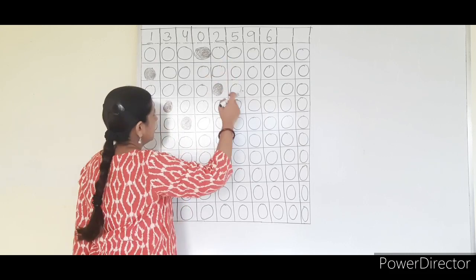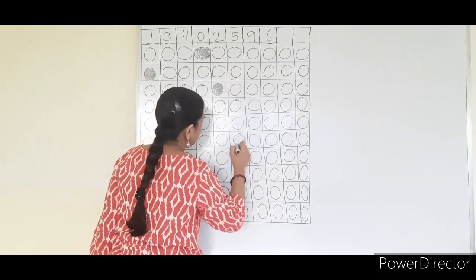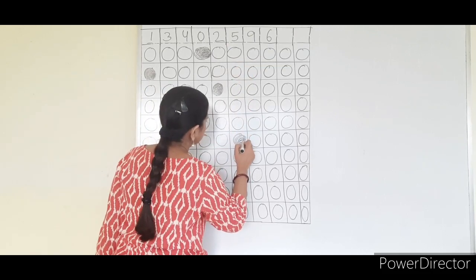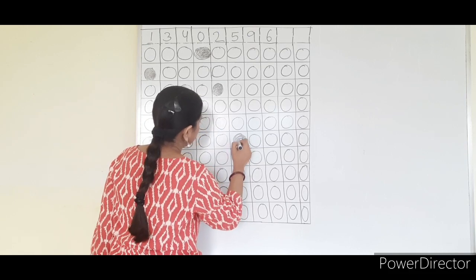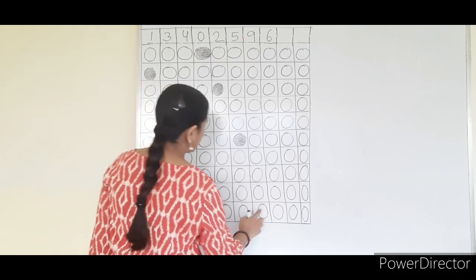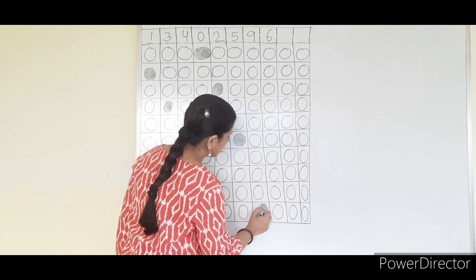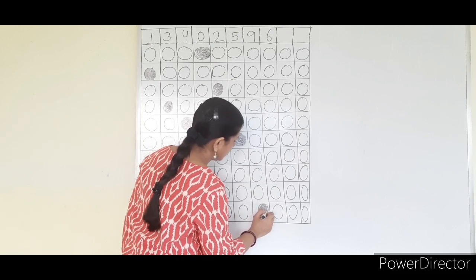Next is 5: 0, 1, 2, 3, 4, 5. This one is 5. Done. Next is 9. The last one is 9, because 0 to 9 are the boxes that you have to fill.